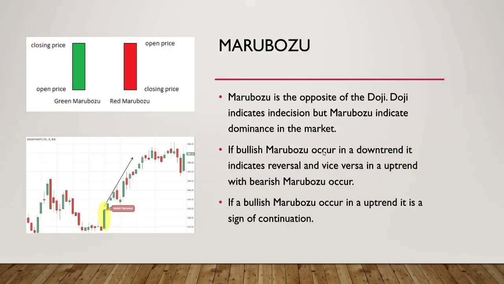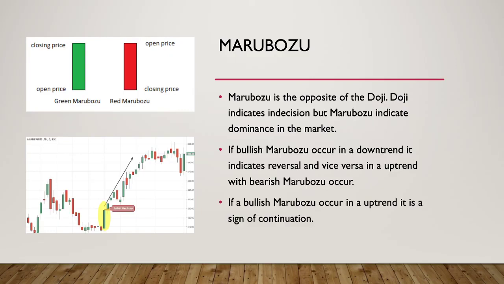And then we get the marubozu. All right, this is the easiest candle to recognize in the market, and the most important, of course. And this is the opposite of the doji, because the doji indicates indecision. We don't know where the market's gonna go, right?